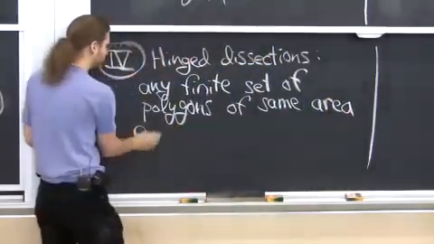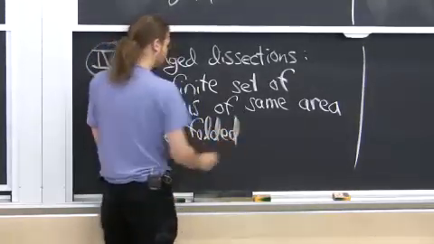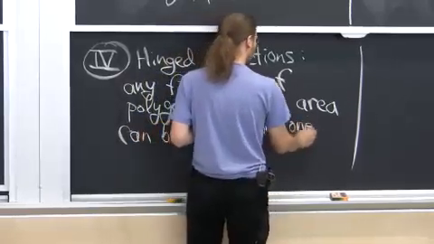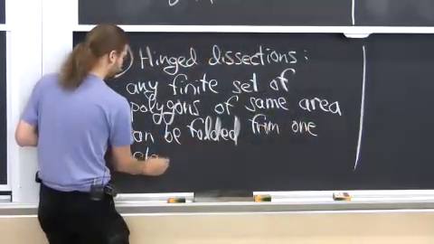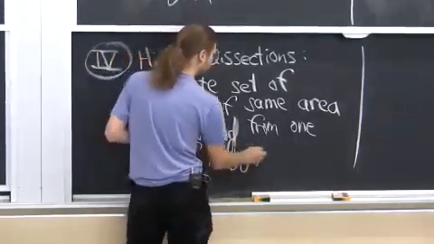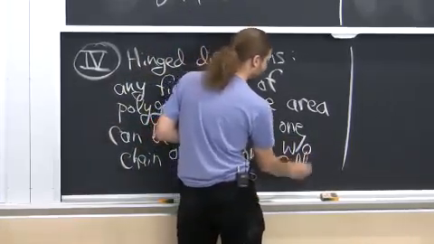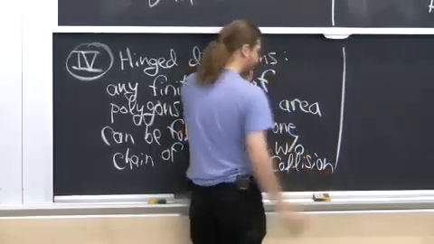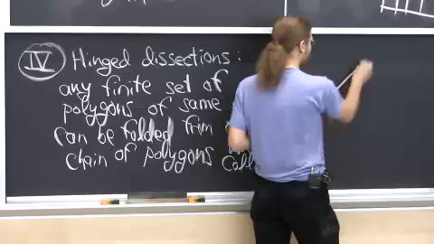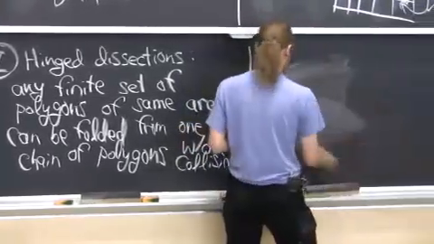They can be folded from one chain of polygons without collision. I'm going to say this first, and well, let me show you a simple example. Very simple. This is going to be a little boring. Let me show you a more interesting example.